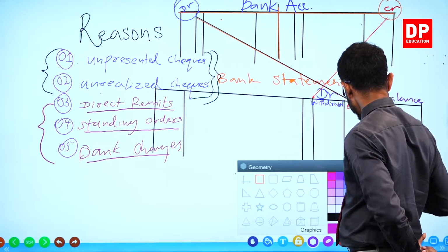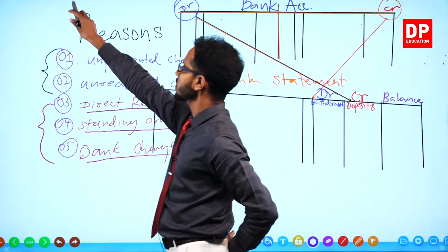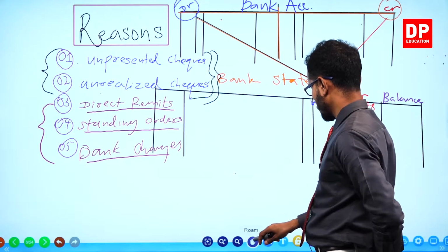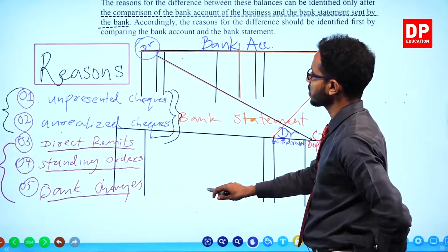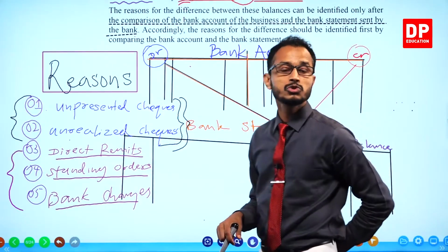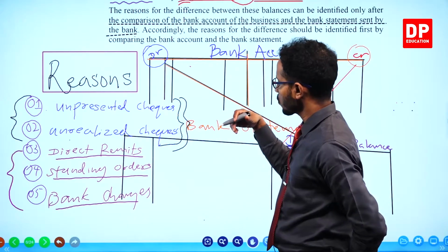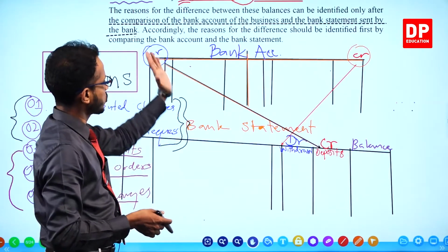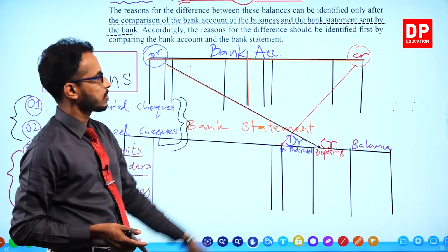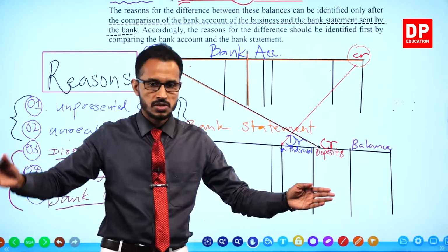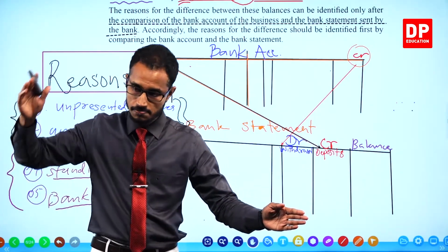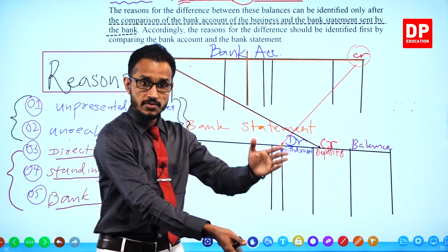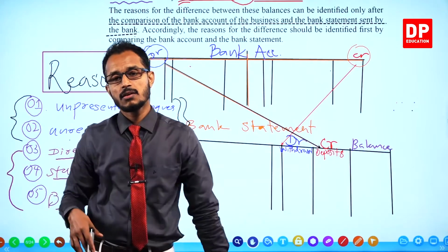With that understanding, children, we can go and check. How to do the cross-checking? As I have shown here, the cross-checking means our debit side is compared with the credit side of the statement, and our credit side is compared with the debit side of the statement.